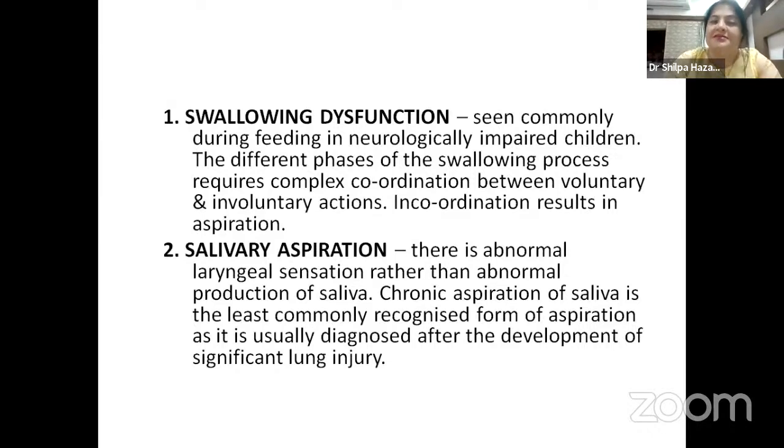The second thing is salivary aspiration. This is a chronic kind of salivary aspiration, and rather than swallowing dysfunction, there is abnormal laryngeal sensation. There is no excessive production of saliva in them, but there are abnormal laryngeal sensations, and that allows the saliva to go in.